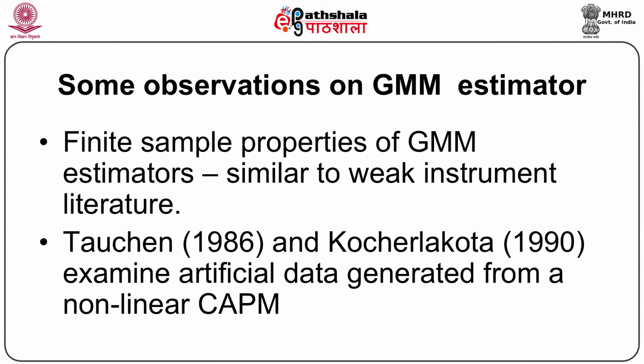The finite sample properties of the GMM estimator are similar to the weak instrument literature. Tauchen 1986 and Kocherlakota 1990 examine artificial data generated from a nonlinear capital asset pricing model.